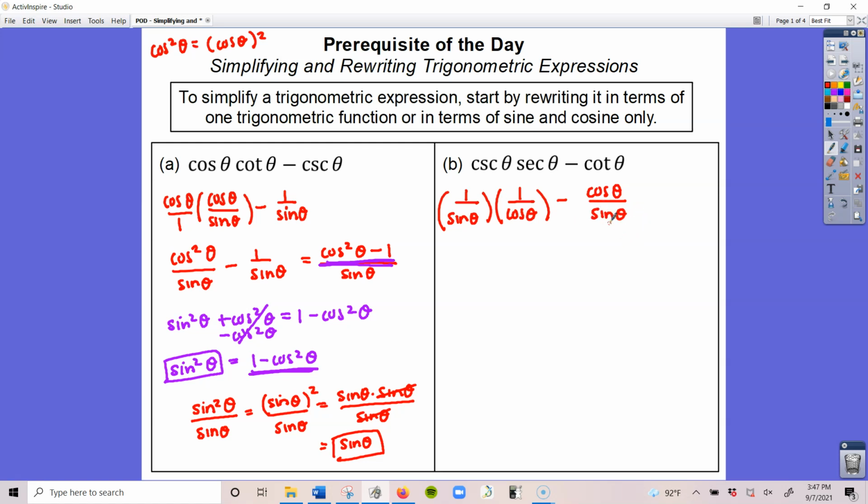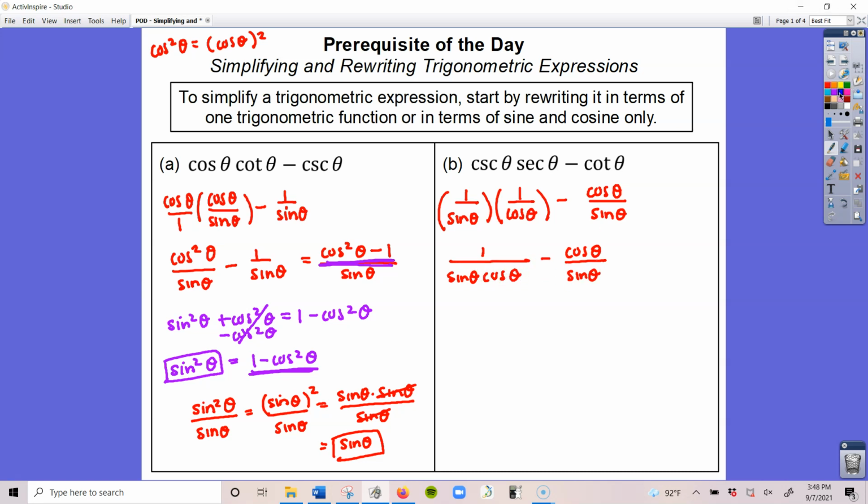So now let's see what we can do with this. These are being multiplied, so we multiply numerator with numerator, which is 1, and then sine times cosine, which is sine theta cosine theta, minus cosine theta over sine theta. Now, in order for me to subtract these, since both are fractions, they need a common denominator. They both have sine, but this one has cosine.